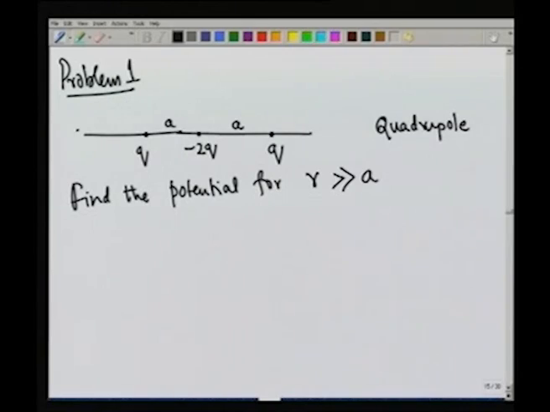Now I am going to give you 2 more problems which are quite interesting, and in these problems we are not going to use the principle of superposition, but we are going to employ Gauss's law, and what we are going to do is the opposite. Suppose I gave you an arbitrary charge distribution which is very difficult to evaluate by using any standard analytic techniques.